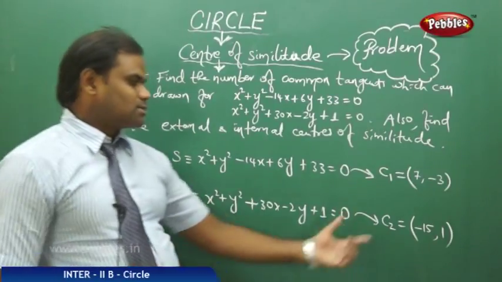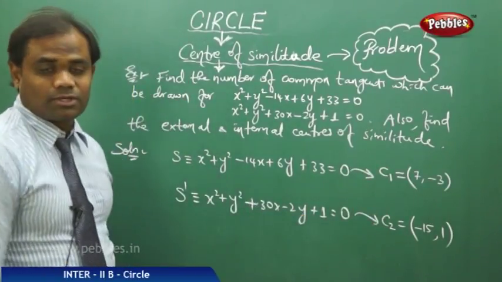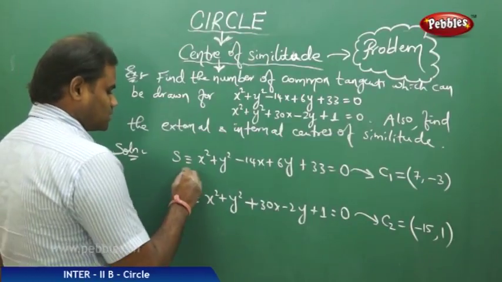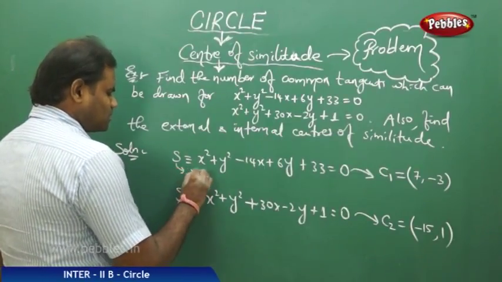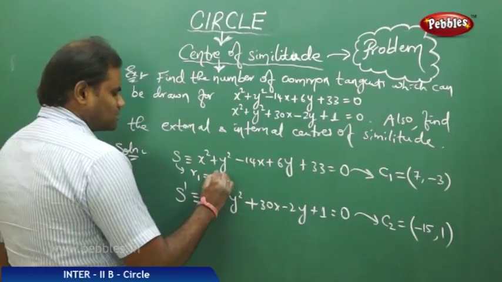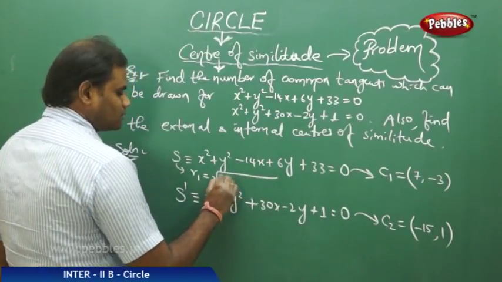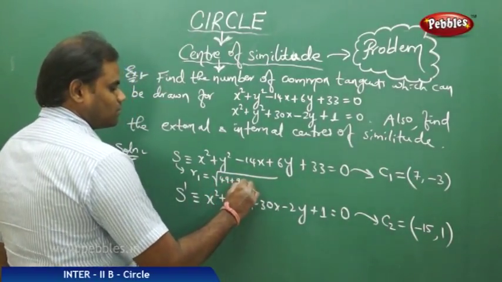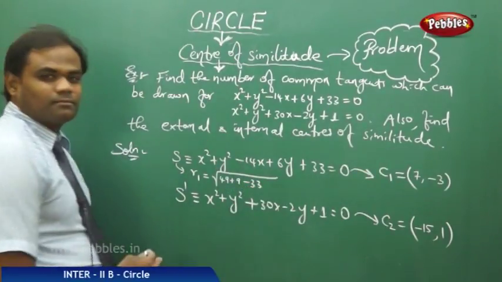Now that we know the centers of each of the circles, the question is finding the radius of each of the circles. If the radius of this circle is r1, then it is root of g squared plus f squared minus c.